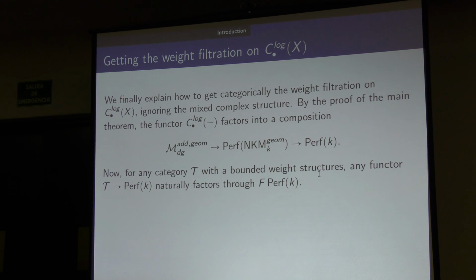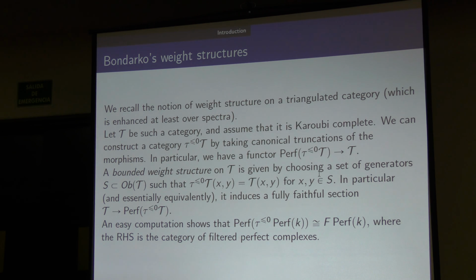Now, for any category with a bounded weight structure, any functor from T to perfect complexes over K can be naturally factored through filtered vector spaces. It just follows from the general definition, because we have a section from T to perfect complexes over the truncation, then the truncation of T goes to the truncation of perfect complexes, and then we go back.